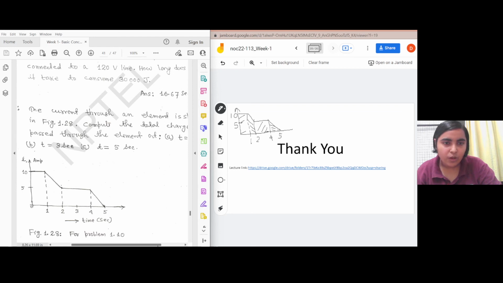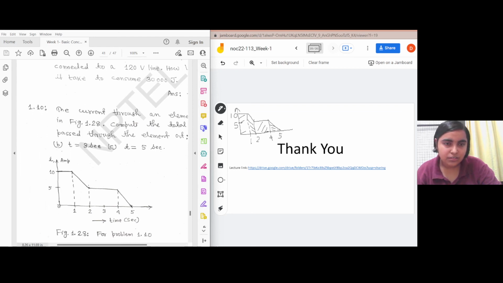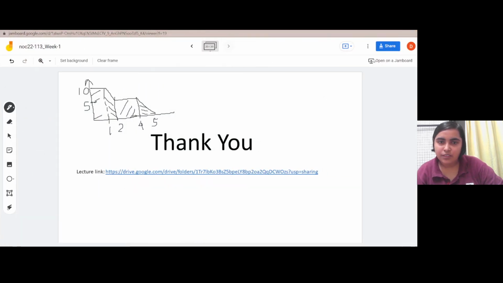So here at t equal to 1 second, what will be the answer? 10. Right. For 3 seconds, what will it be? 22.5.